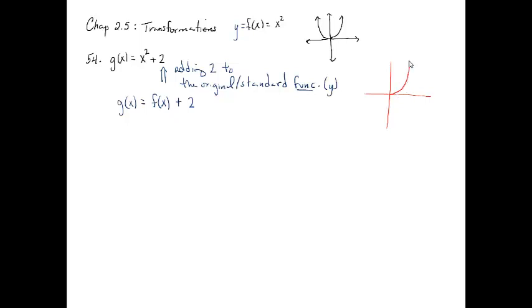So here's the standard, f of x equals x squared. Now, when I graph my g of x, I'm shifting it up 2. So let's pretend like this is a tick mark. There's the second one.